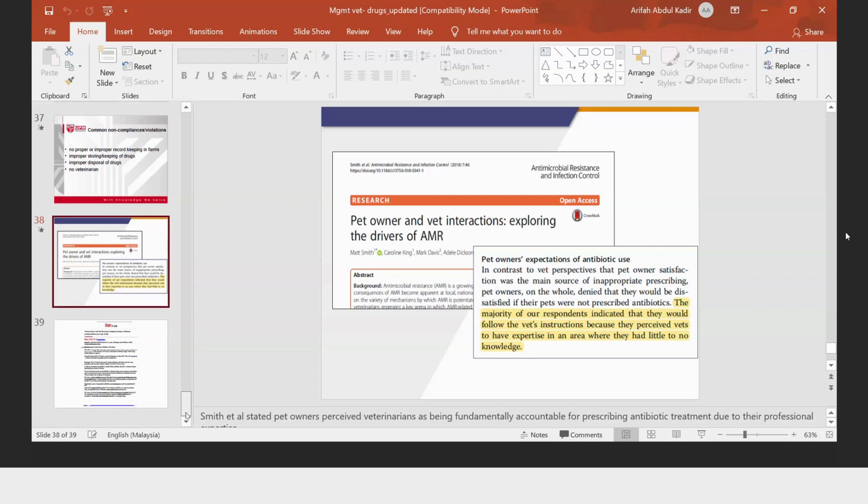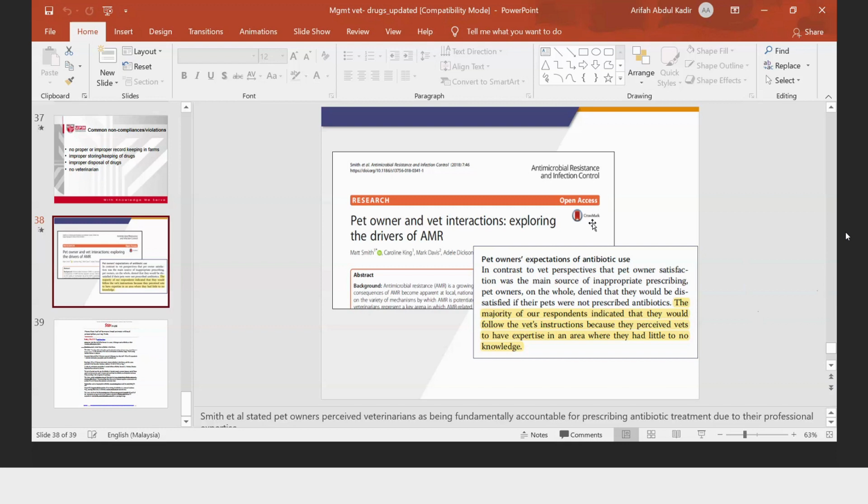These are just to show you the importance of a veterinarian, because a survey has been done on pet owner and vet interaction. This paper is from the literature search.